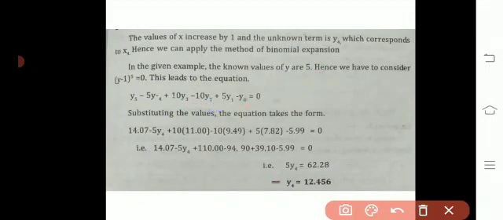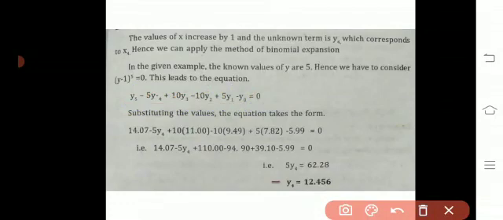Then for the coefficients for n equal to 5, you can observe the binomial coefficients or Pascal's triangle. You will get the coefficients of the y terms. For n equal to 5, you have the coefficients 1, 5, 10, 10, 5 and 1. By using all this, we can write the equation for n equal to 5 like this: y5 minus 5y4 plus 10y3 minus 10y2 plus 5y1 minus y0 equal to 0.